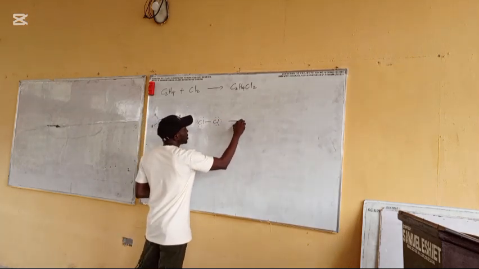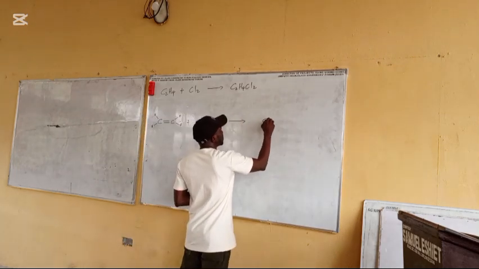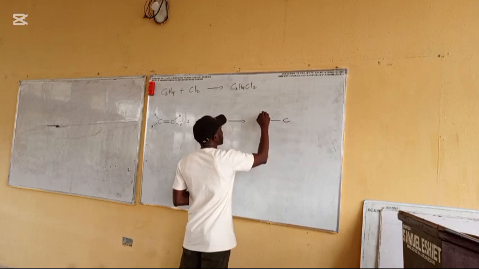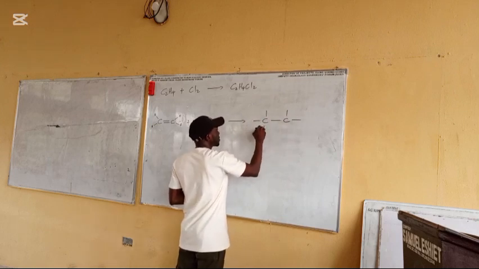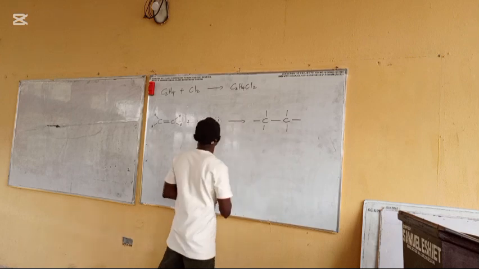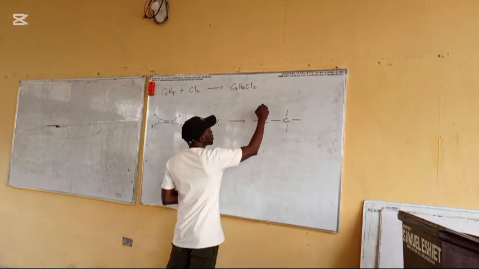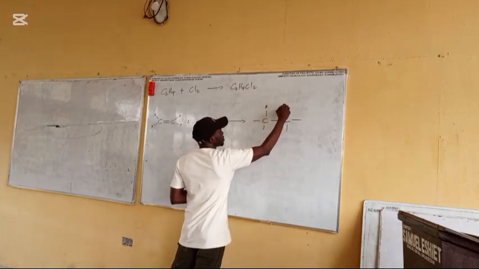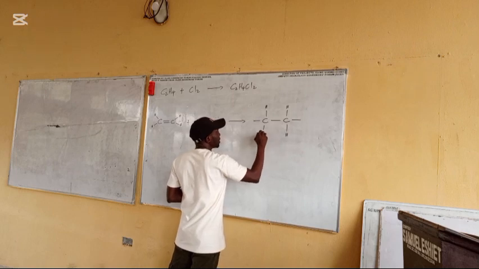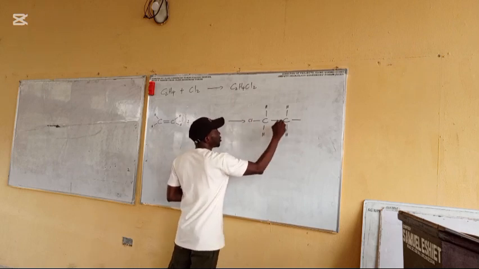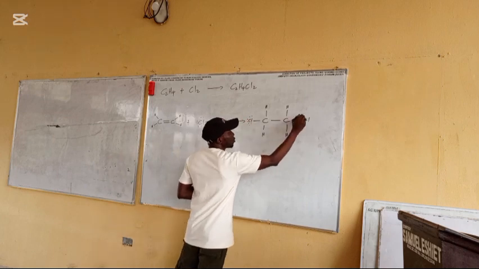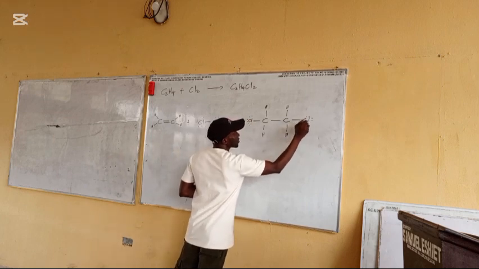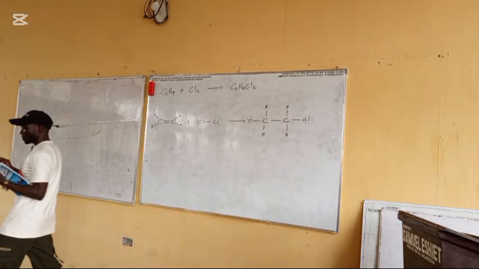Now this gives you C to C. You have this, this, this, this, and this. Then you have your H, H, your Cl, Cl, 1, 2, 3, 4, 5, 6. That's the final answer there.